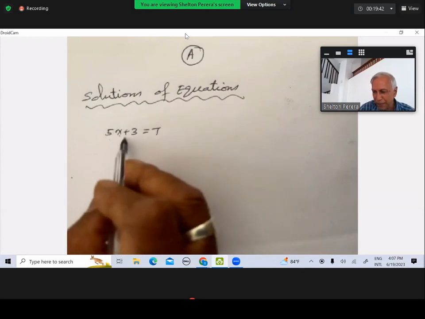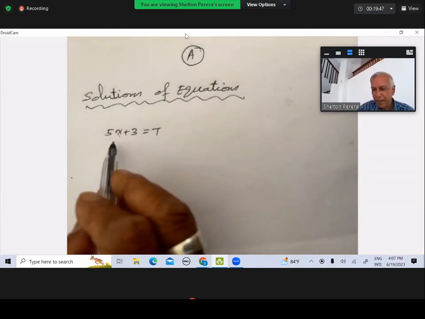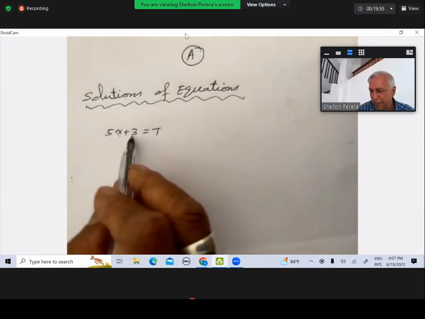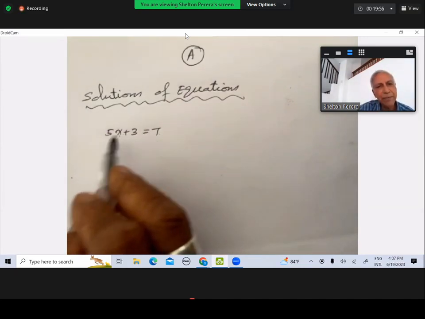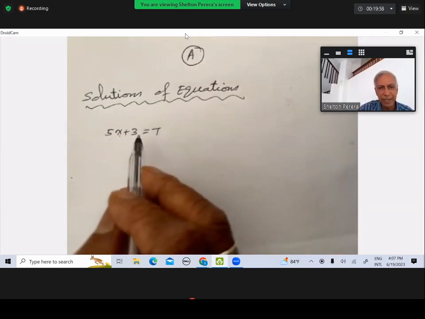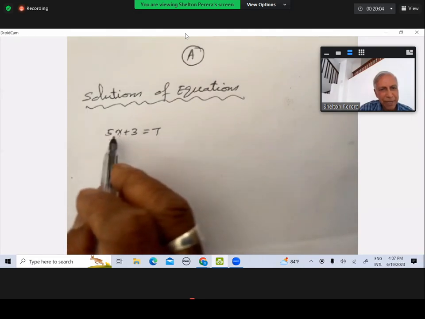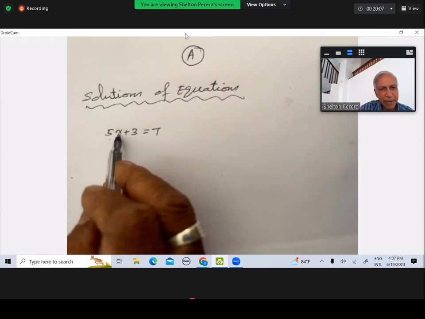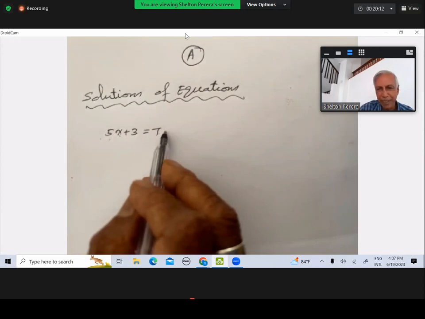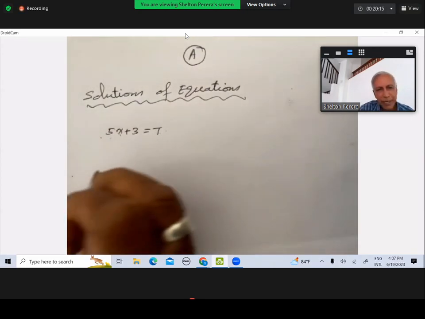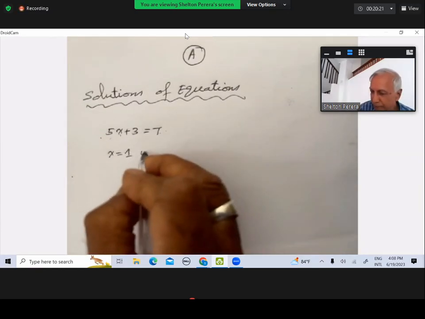In algebra we use x to mean any real number. When we say 5x plus 3 is equal to 7, this equation is satisfied for some values of x and not for others. If you put x equals 1, the left hand side becomes 5 times 1, that is 5, plus 3, 8. The right hand side is 7. So x equals 1 is not a solution of this equation.